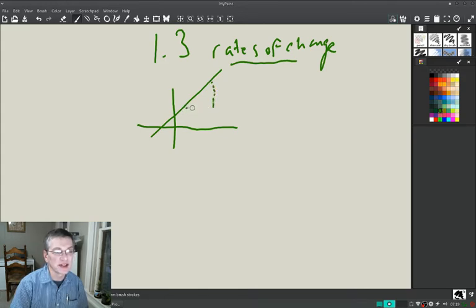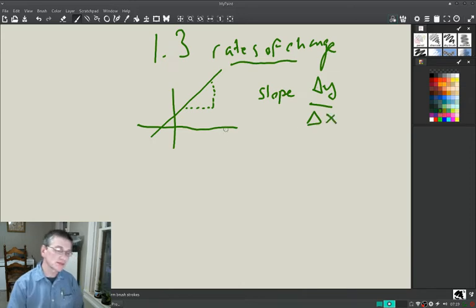So if we have a straight line, you probably remember you want to find the slope of this. And to do that, it's the change in y over the change in x. Maybe you didn't use deltas, but if you take physics, you're going to run into deltas a lot.